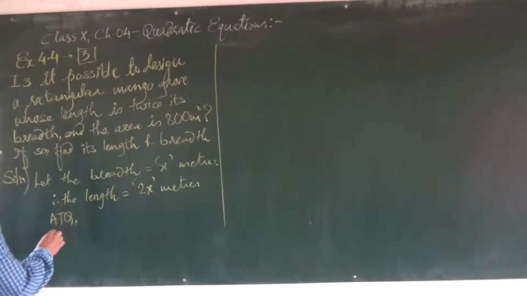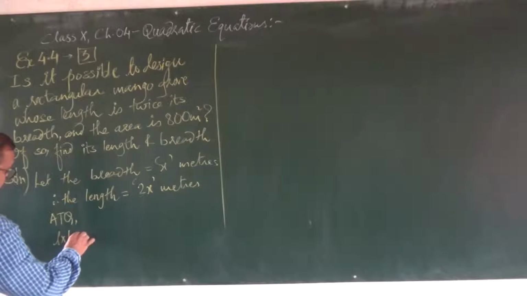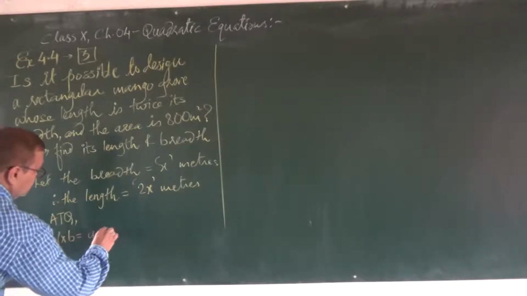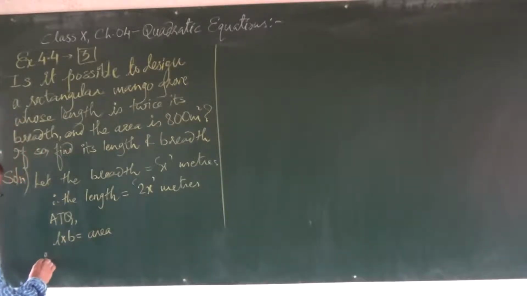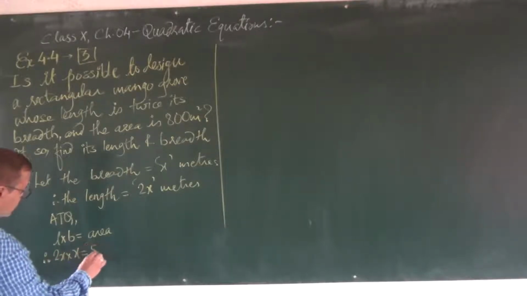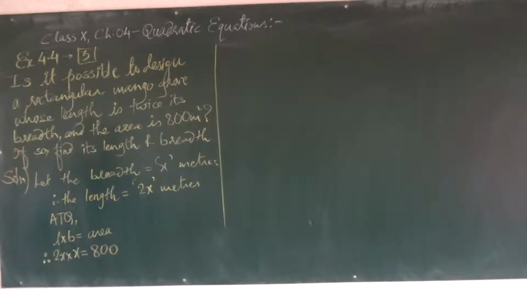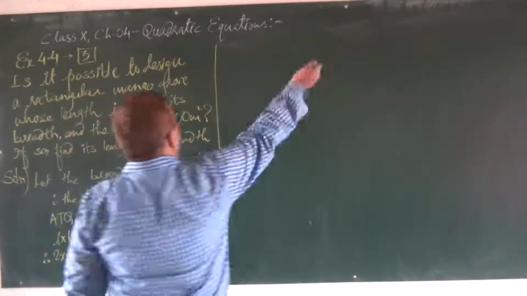According to the question, length multiplied by breadth is equal to area. So what is length? Length is 2x and breadth is x. Area is 800. So simplify this. What are we going to get?